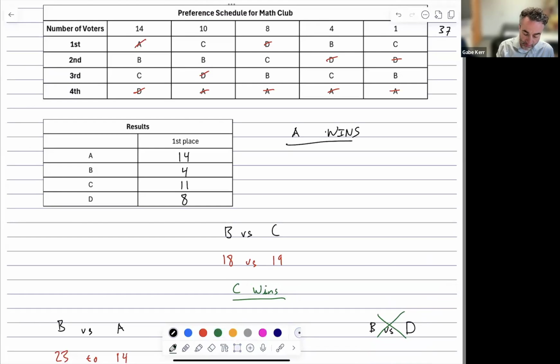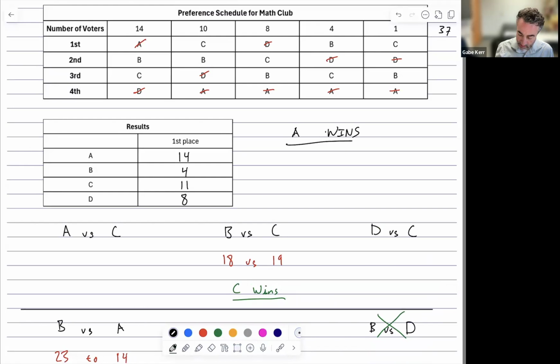So here I'll go A versus C, and I'll go D versus C. If I'm doing the head-to-head matchup of A versus C, that means that B and D are out. So let me get rid of B and D. Let's see, do I have a Condorcet candidate here?